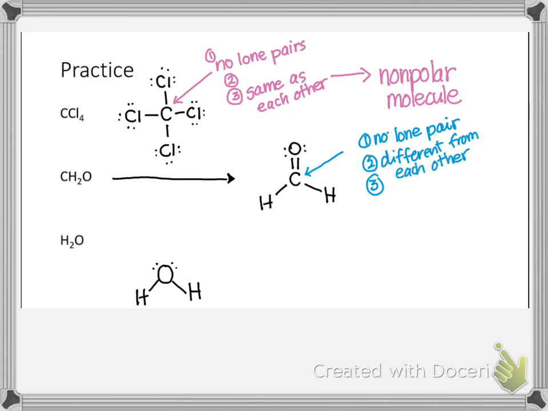And so this is a polar molecule. Now sometimes, and in this case, we really can see what's going to happen. If I look at electronegativities, and I know these electronegativities, you don't have to know these, I just do from doing this so long, but I want to demonstrate something. This is a 2.5, and these are 2.1s.